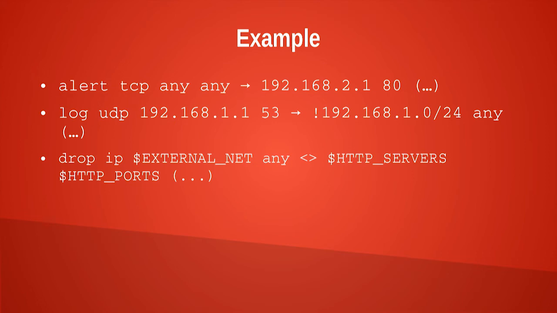The next one, as I told you, uses $EXTERNAL_NET and $HTTP_SERVERS. These are variables. EXTERNAL_NET can be any network that is external to your network, and HTTP_SERVERS could be any HTTP server, and you could have a list of HTTP ports also.